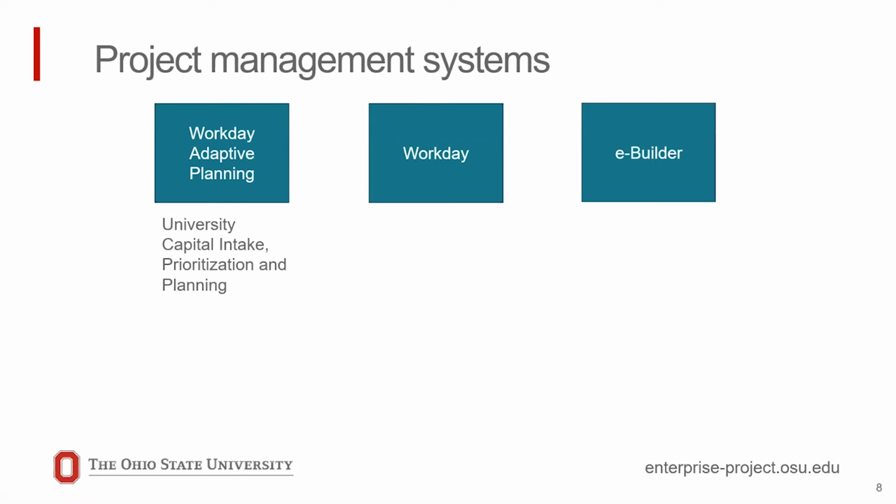All FDC project requests will be entered into Adaptive. It is used to prioritize project requests both at the unit level and at the central level. Approved project requests are then integrated into Workday with the project attributes, phases, and budgets.